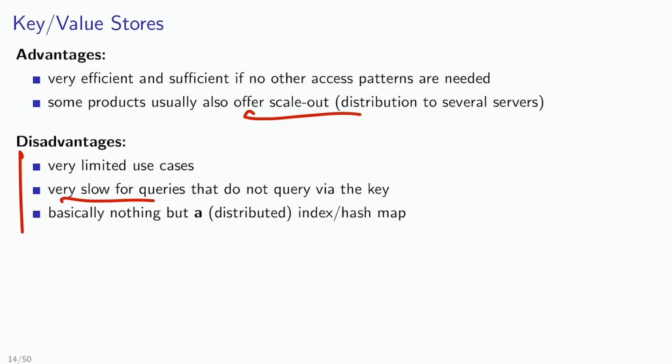You don't have that search capability. You only have efficient search via the key in those systems. And basically, it's nothing but a distributed hash map or index. If you write that in a relational database system, you could also simply do a relation with two attributes. You make key the primary key, with attributes key and value.